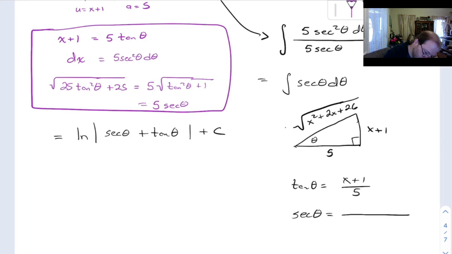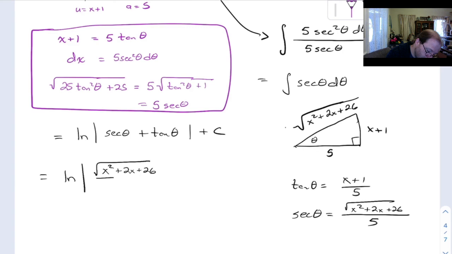Secant is the reciprocal of cosine, so it's hypotenuse over adjacent. So our answer is ln of secant, which is this, plus tan, plus c.